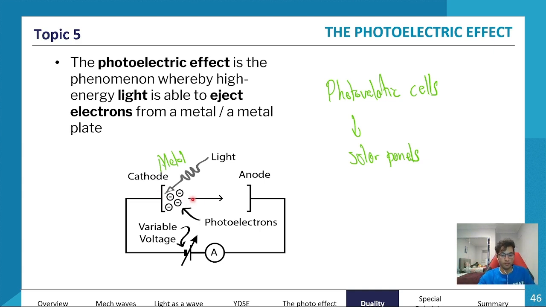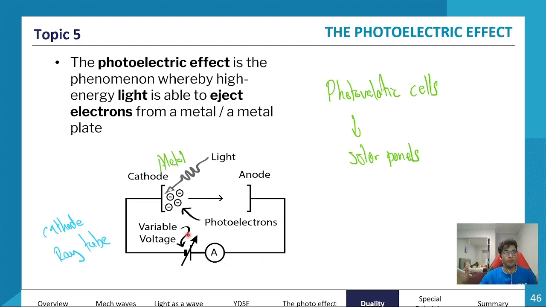I'll just quickly write it down, a cathode ray tube. When the light hits the metal, the electrons get displaced, and the electrons are going to travel to the anode, and it's going to create a circuit. So electrons go here, come here, and we have this circuit being created.